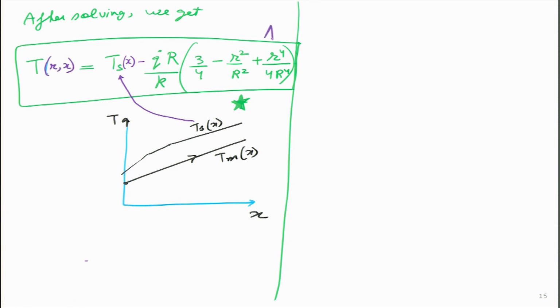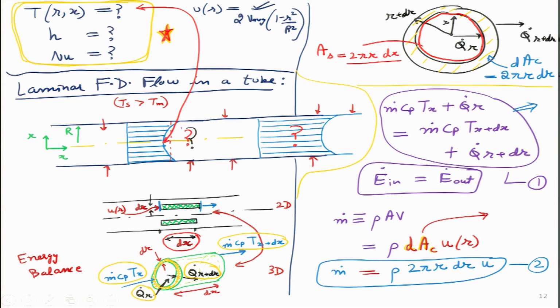Now the solution is totally final, which means at any r and any x, we have solved this. The first thing that we wanted to solve, I can find at this x value the temperature profile, and now I can even tell why this length is less and this length is large, isn't it?